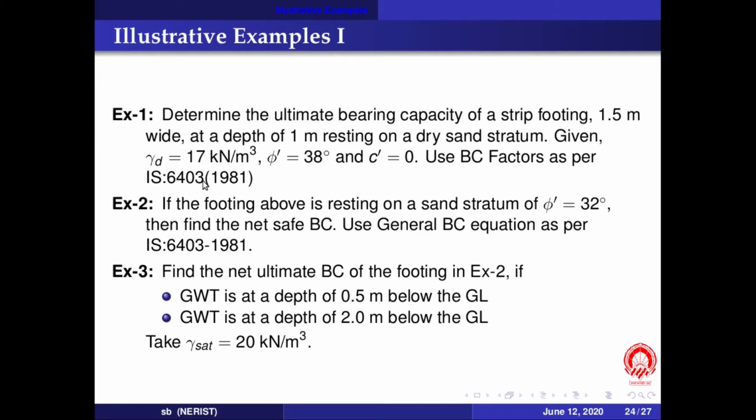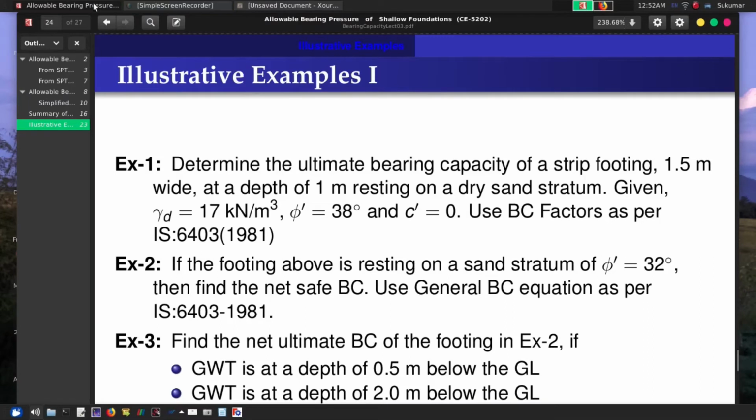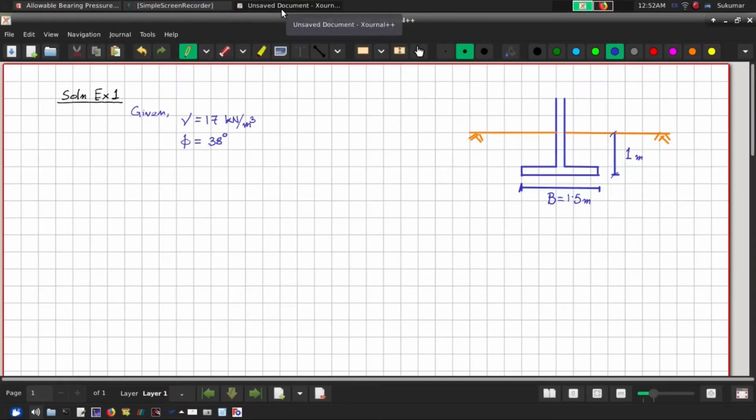Alright, so let us solve the problem now. So here I have drawn the strip footing. It has a width of 1.5 meter and a foundation depth or Df equal to 1 meter.